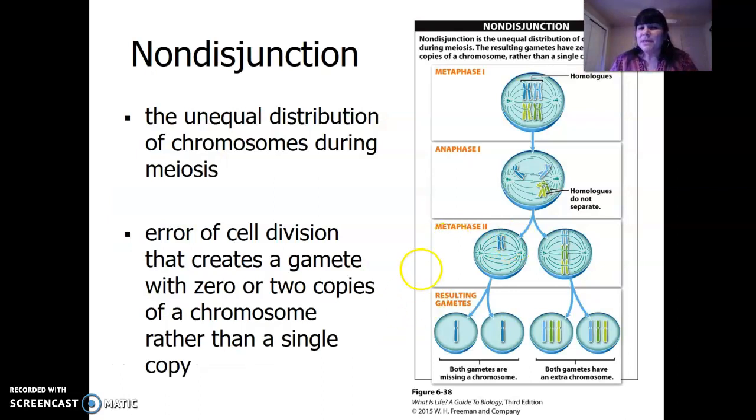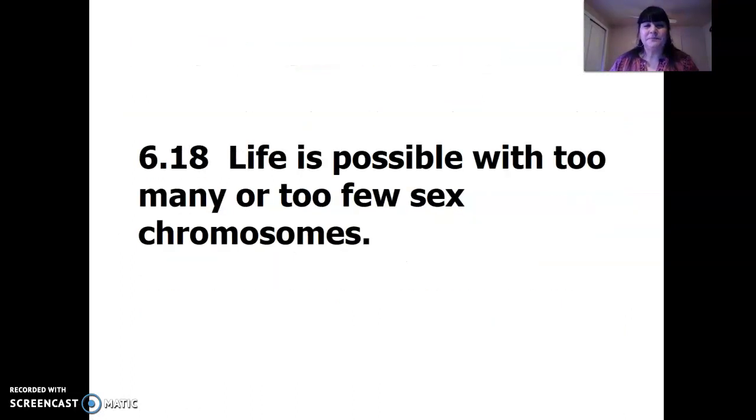So how can that happen? Well, in meiosis, what if the chromosomes don't split correctly? If the chromosomes don't split correctly, then we have extra chromosomes in the egg, and that could result in genetic abnormalities. Yes, life is possible with too many or too few sex chromosomes. Most of the time, it doesn't work out.